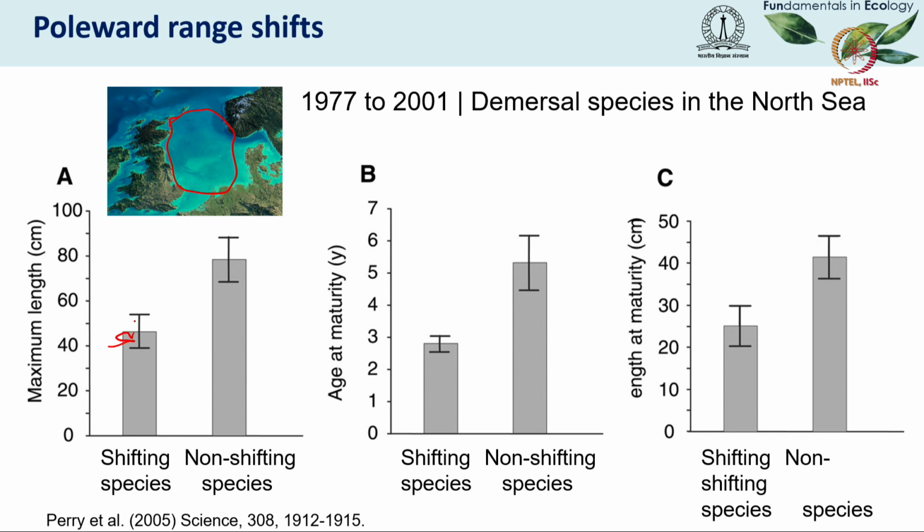They have lower maximum length than non-shifting species. The shifting species age faster. They become mature earlier than the species that are not shifting their ranges.